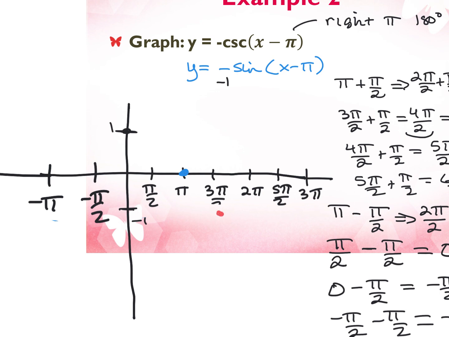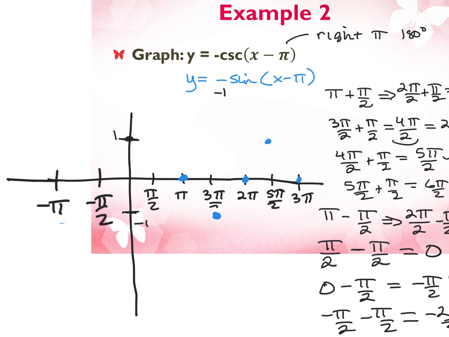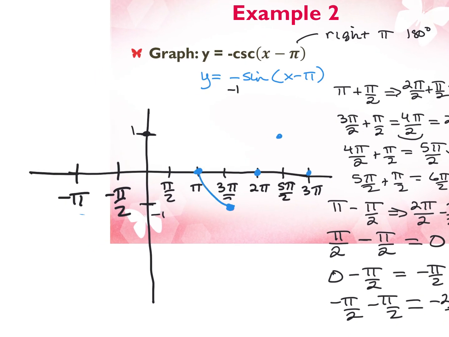So here, I'm doing this in blue. And then back up again, and then back down. Let's go the other way. We could connect these. Now let's go in the other direction. So it's going to go up, down.